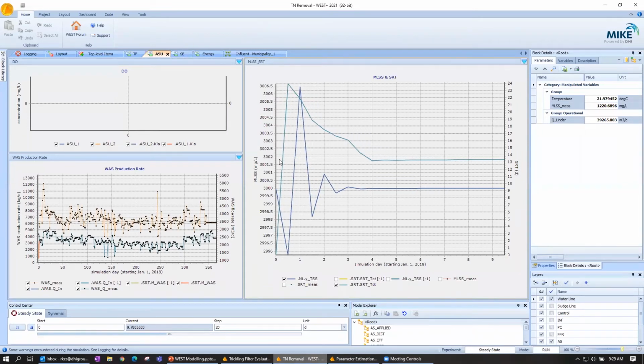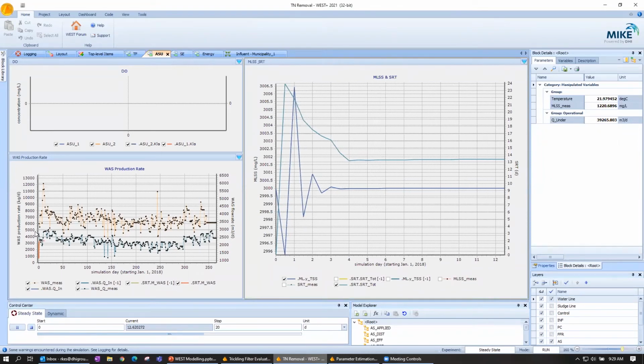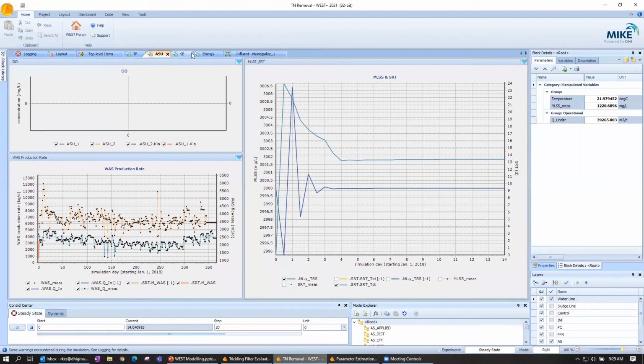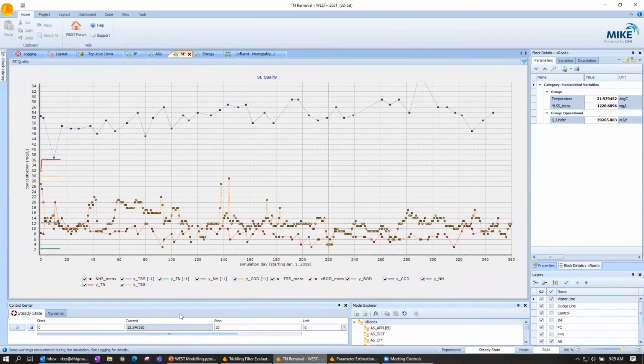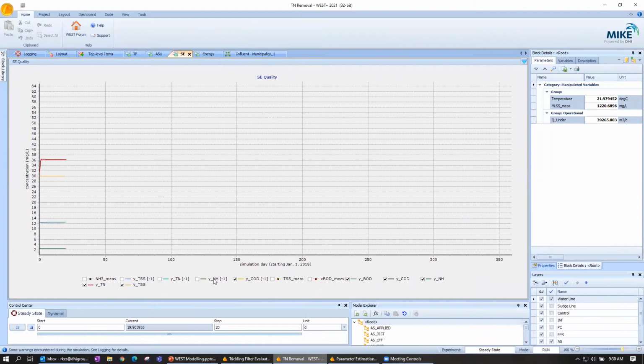And the same solids, 3,000 milligrams per liter MLSS. Wasting rate has significantly reduced from the actual. And then, again, we don't need our measured data as much anymore. It's not as relevant for these runs.